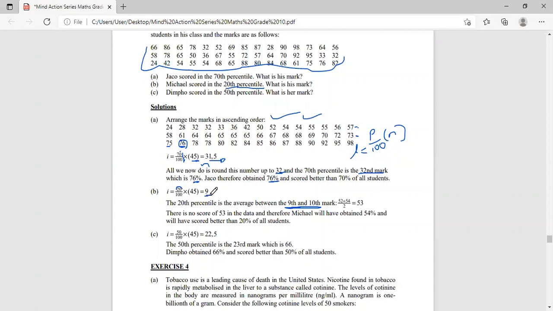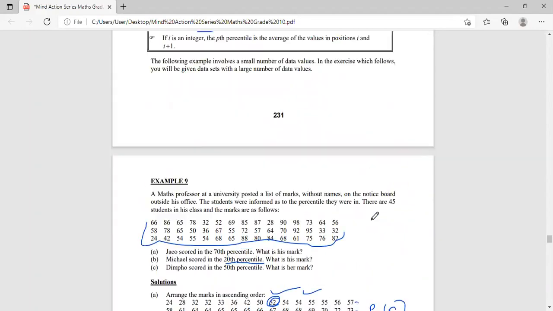If we got an integer, we don't round off anything. We just go to our stats. So it's 1, 2, 3, 4, 5, 6, 7, 8, 9. So it's going to be 52. 52 is our value.